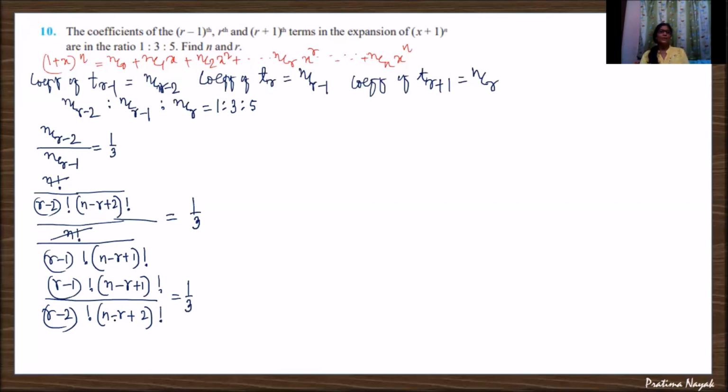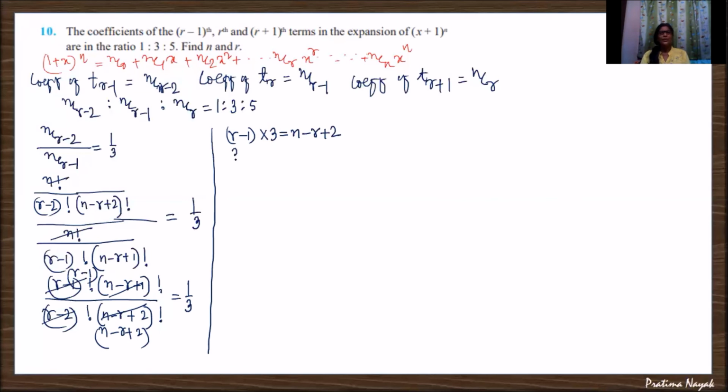Now how to simplify this? Here r-1 is greater than r-2, so I'll get here r-1. And here the denominator is greater, I'll write n-r+2. So I am getting (r-1) into 3 is equal to n-r+2.